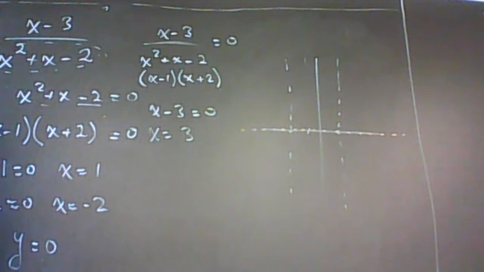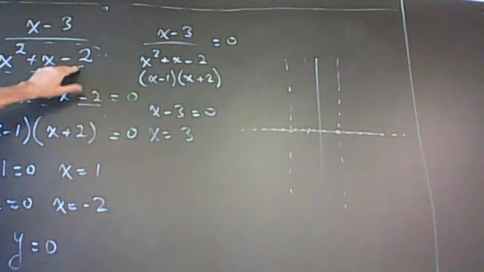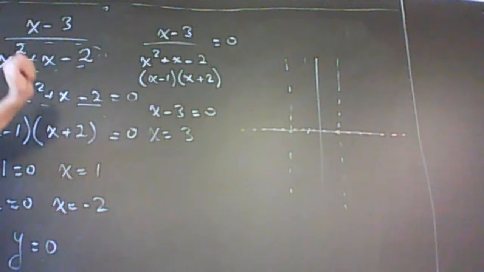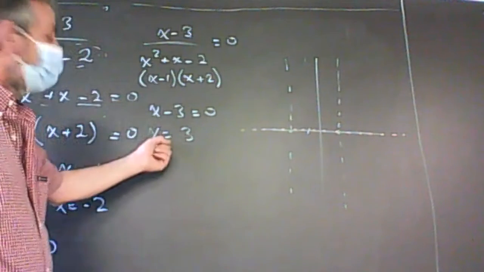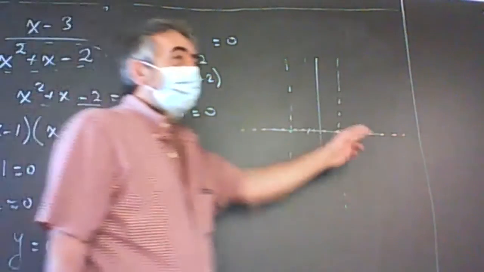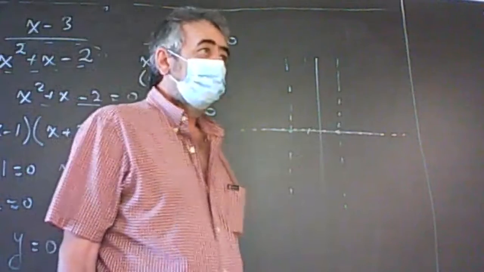Is the 3 an acceptable value? Let's see. I put it in the denominator. Does it give me a 0? 9 plus 3 is 12. 12 minus 2 is 10. It's not a 0, so therefore, the graph will cross the asymptote at x equal to 3.